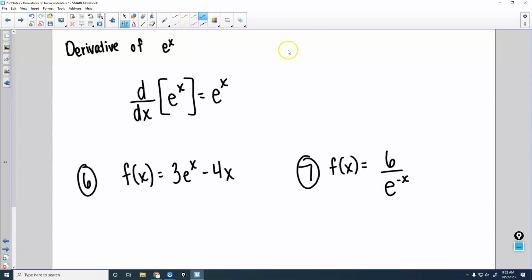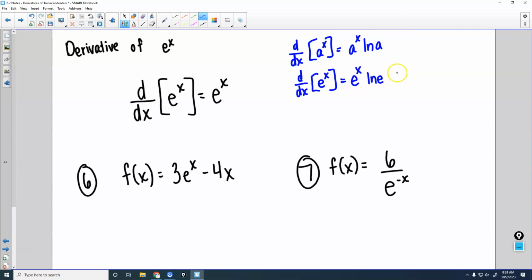The other rule still applies, the derivative of a to the x equals a to the x natural log of a. If I try to do the derivative of e to the x using the other rule, then it is e to the x times the natural log of e. But what is natural log of e? It is equal to 1.